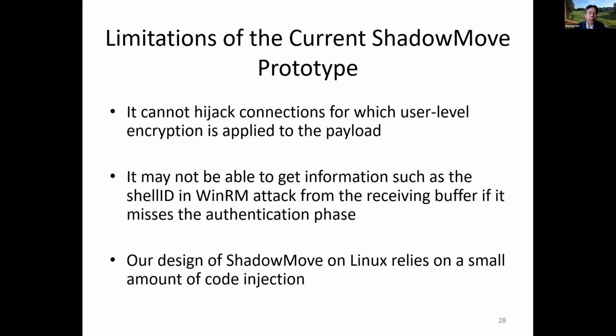And the second limitation is that it may not be able to get critical information such as the shell ID in a WinRM attack, right? Because if the malware misses the authentication phase, then this malware will not get a chance to learn that shell ID. So in this case, the malware again doesn't know how to provide a valid shell ID, so it will not work either.